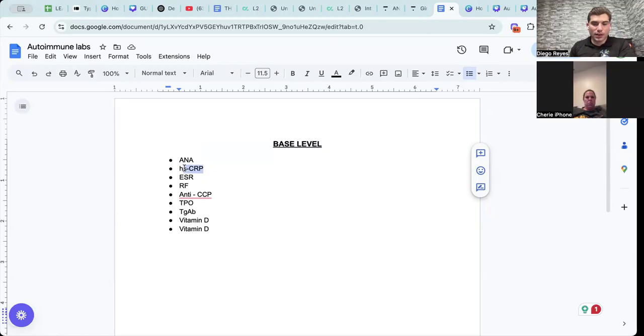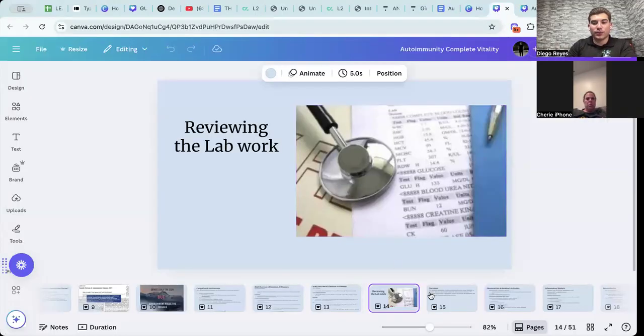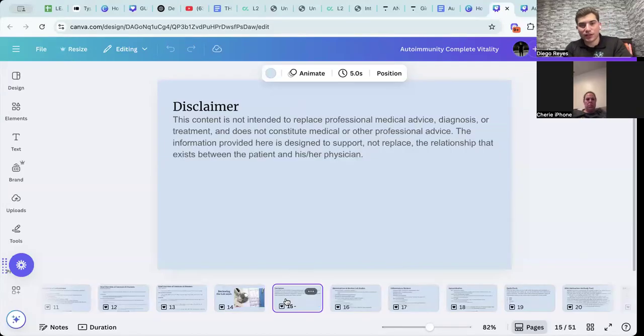ESR is another type of inflammatory reading. And then rheumatoid factor, obviously, to rule out rheumatoid arthritis. There's TPO, that's your thyroid antibody. Same with TGAB. And then vitamin D is also very crucial to understand. Many people are vitamin D deficient. The guidelines for vitamin D sufficiency are not adequate at all.